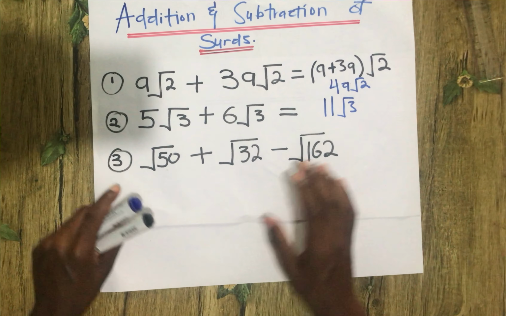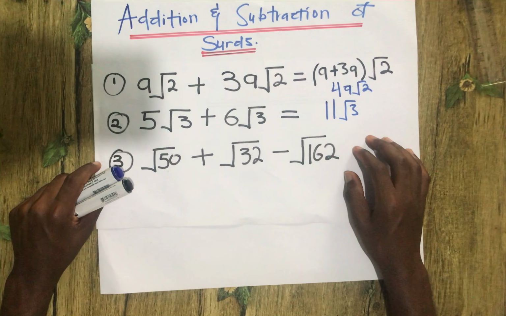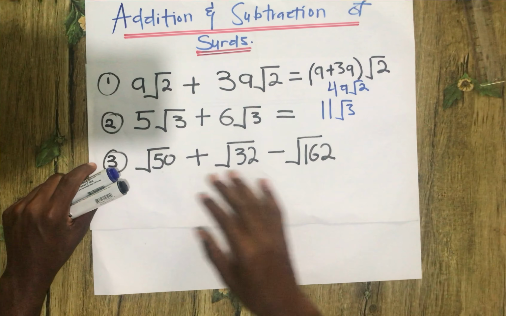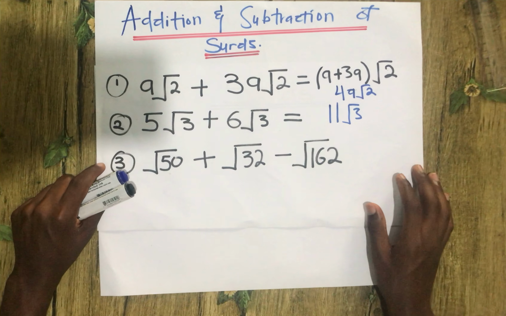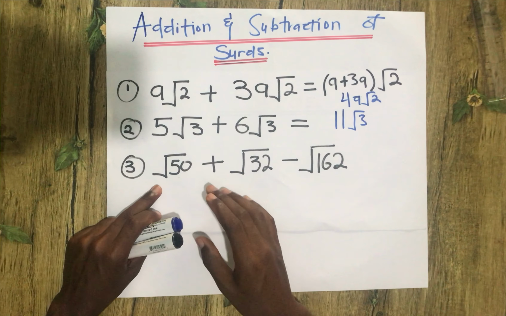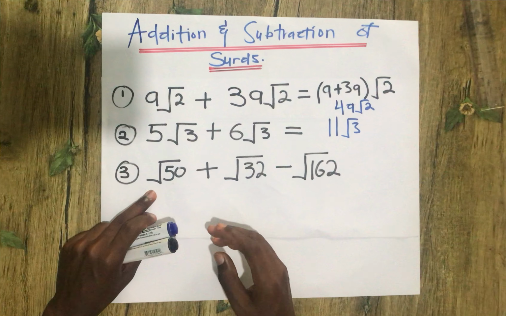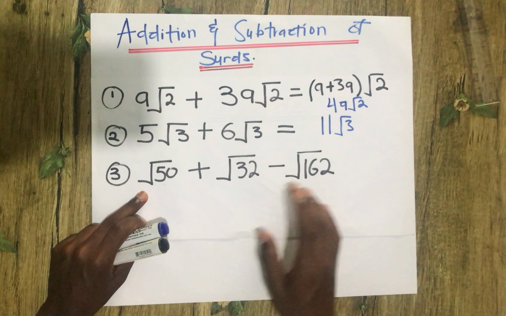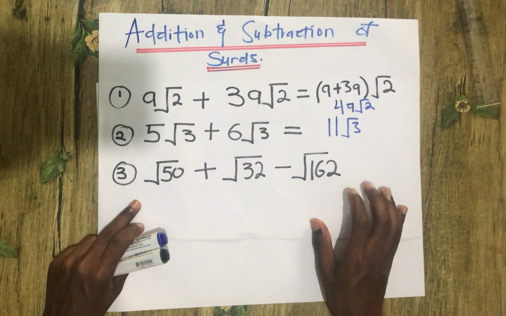Now, when given a problem like this, we have to make sure that the roots are in their lowest term. What I mean by that is they are usually expressed in squares of numbers. Therefore, we have to break them down in order to simplify them.